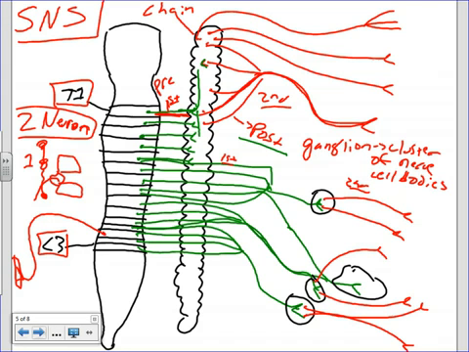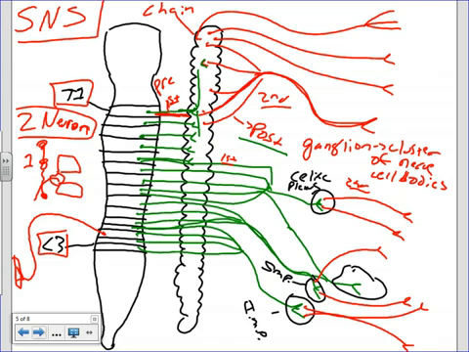One of these collateral ganglia would be called the celiac plexus, and then we've got the superior mesenteric plexus, and then we've got the inferior mesenteric plexus. I'm just going to abbreviate that.